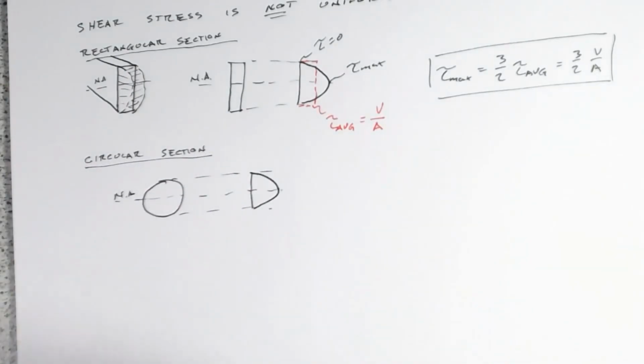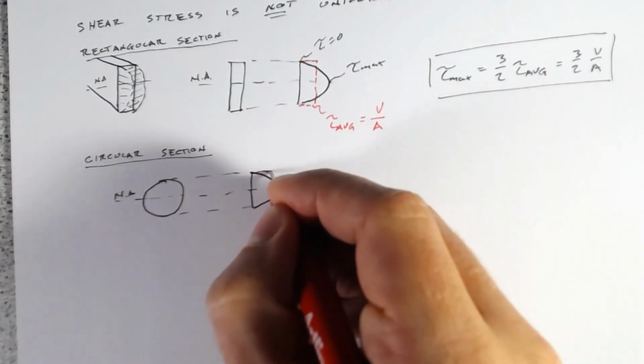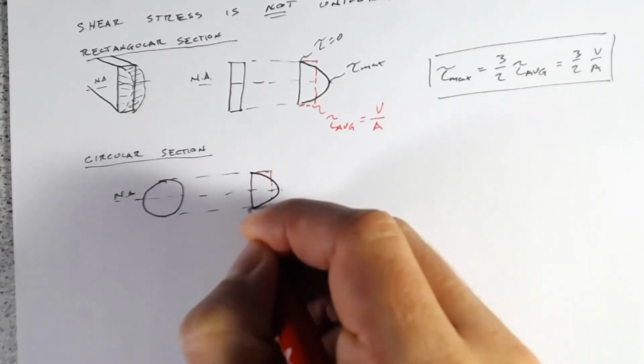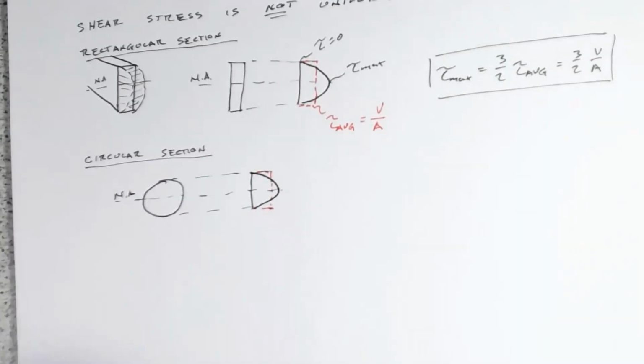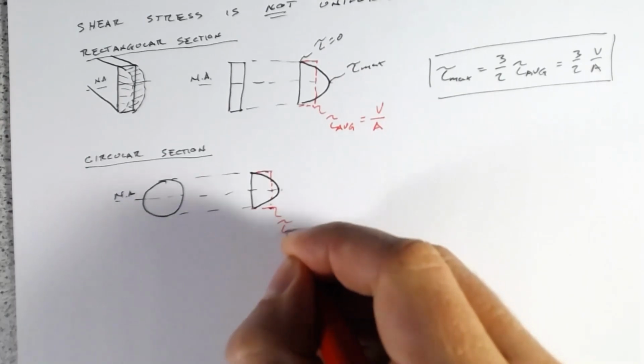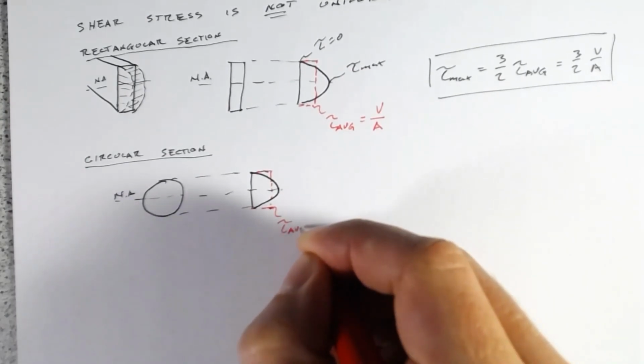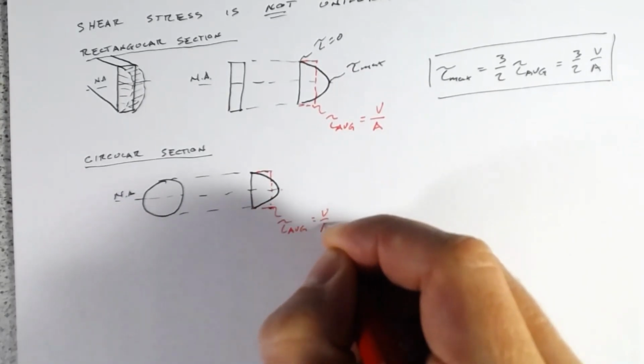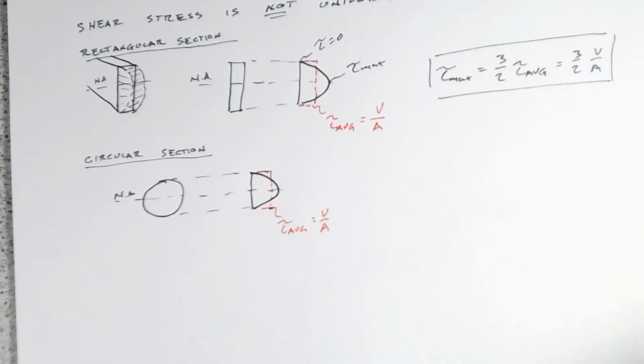But what's interesting here is our average shear stress, this is tau av, and this is tau max.